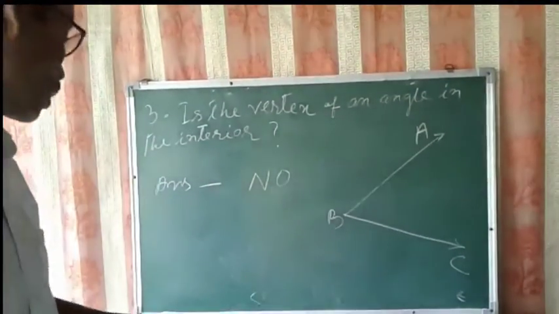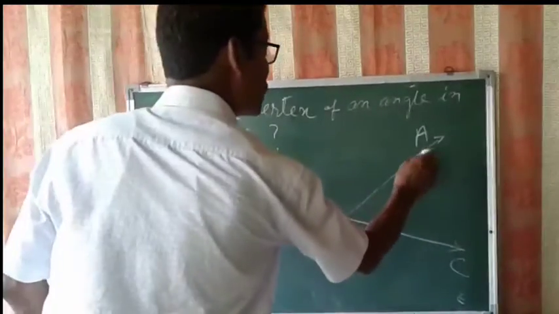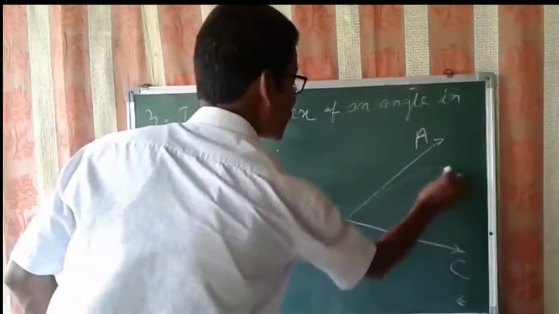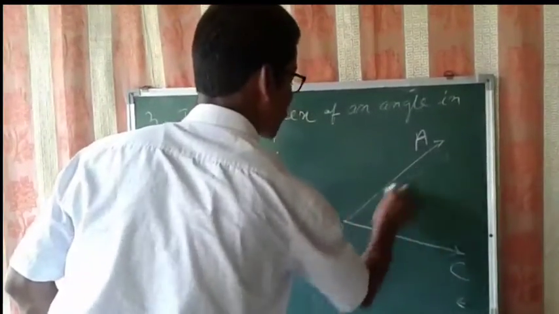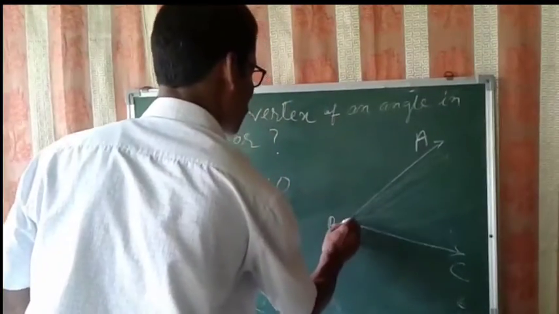Answer is no. Why? So what is interior? The region within the arms or rays, this part, is called the interior region of an angle. But what is the vertex? The vertex is the common point.